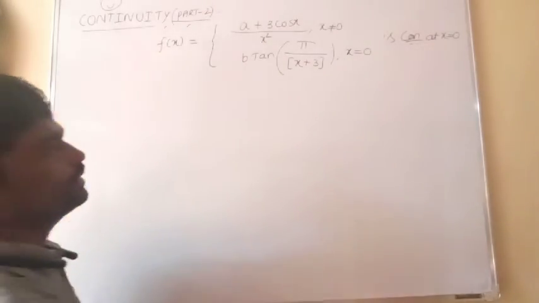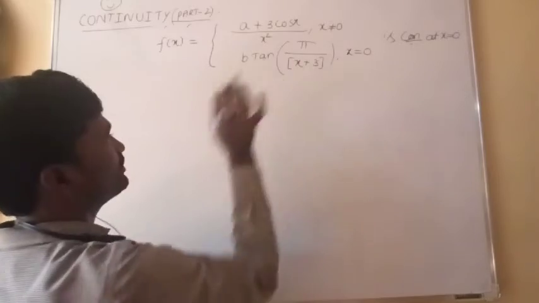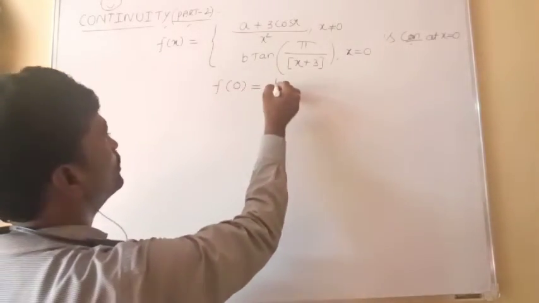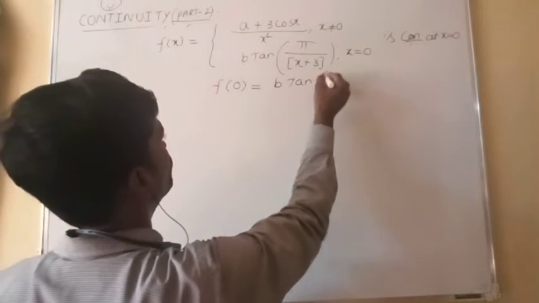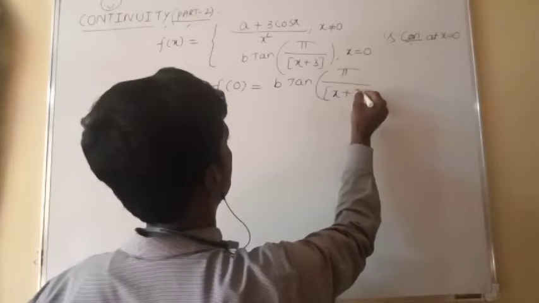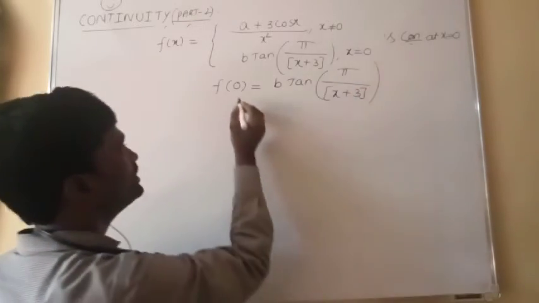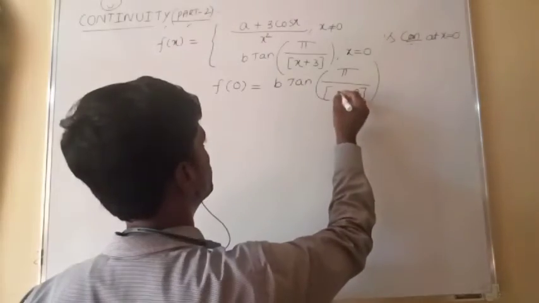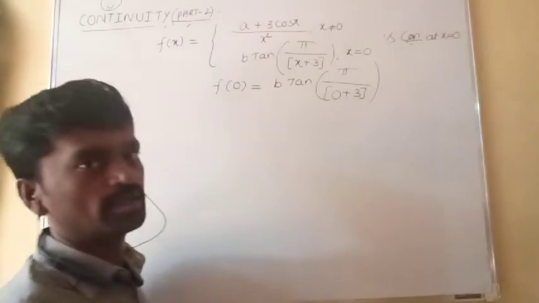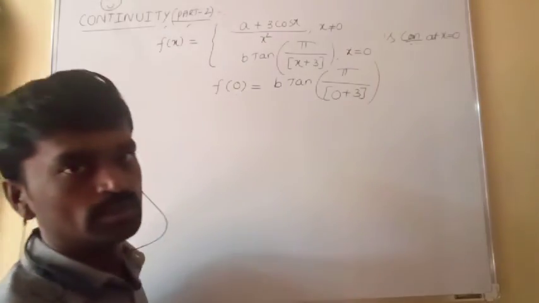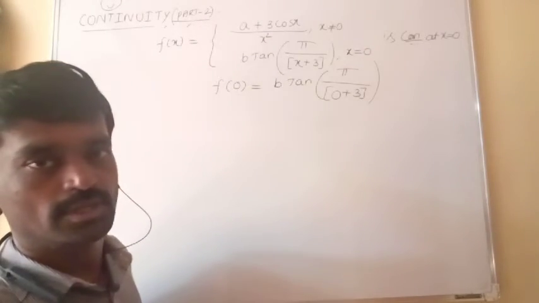See, here when x value is exactly 0, this is the function. That means f(0) is given by b into tan(pi upon step of (x + 3)). But what is the x value? 0. So the integral part of 0 plus 3: 0 plus 3 is 3.